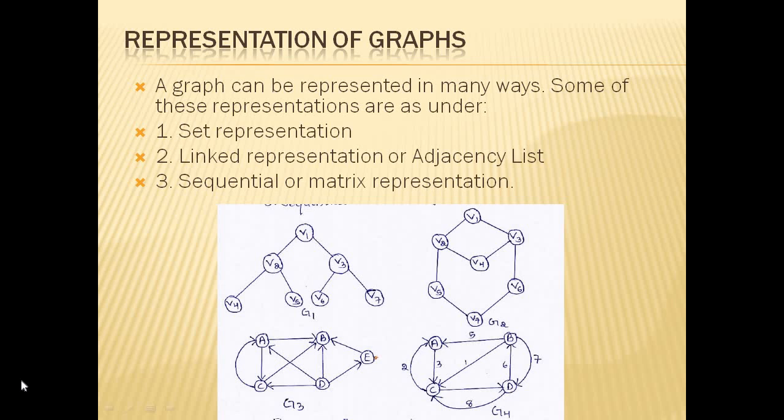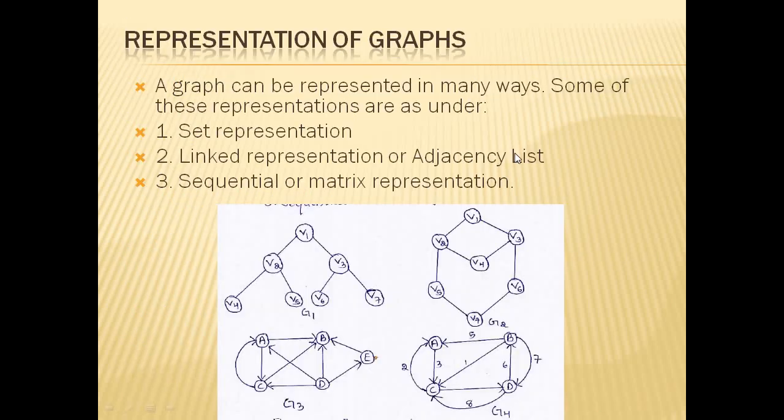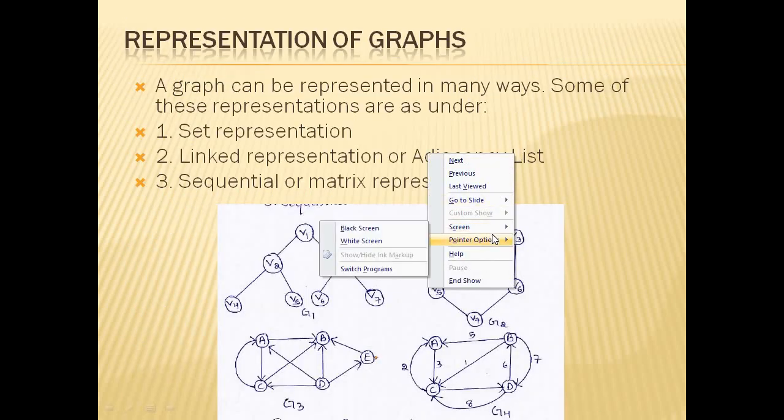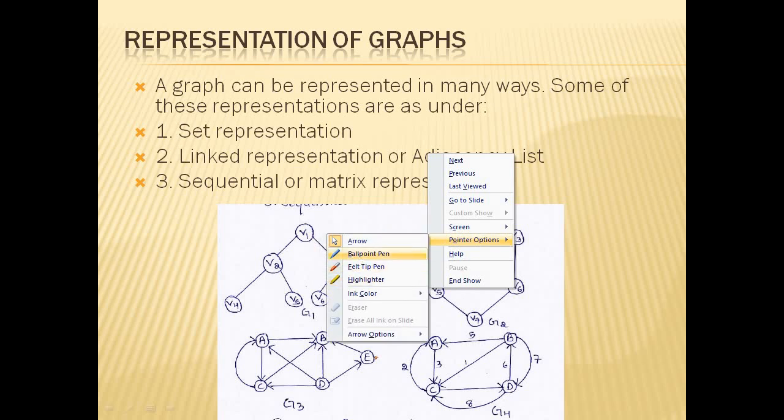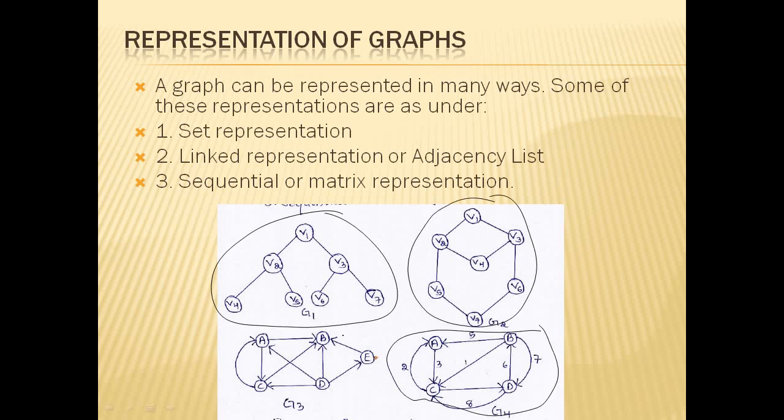One is called set representation, where the graph is represented in a diagrammatical manner. We don't have any particular way of representation. We assume that here we have four graphs which are represented in different ways, based on their edges and vertices.